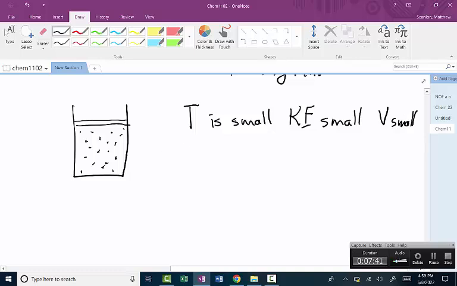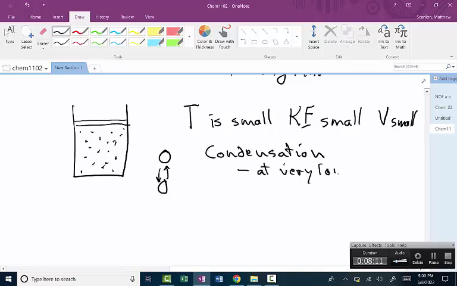At low temperatures, the attraction forces between two molecules start to become important. And eventually, at low enough temperature, you get condensation. This is the point at which the attraction forces overcome the repulsion and overcome the velocity. So condensation at very low temperatures, and the gas is no longer considered a gas or even an ideal gas. So at low temperatures, the intermolecular forces, the attraction forces in the molecules, become important.